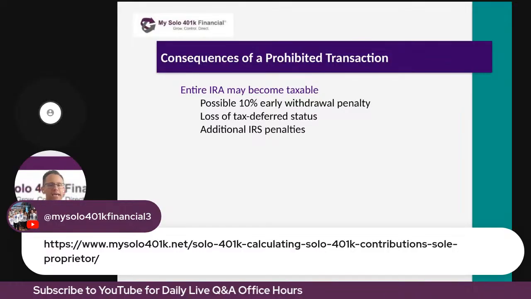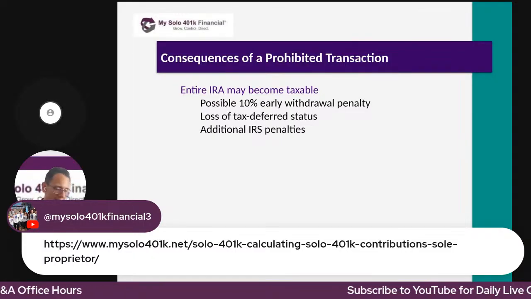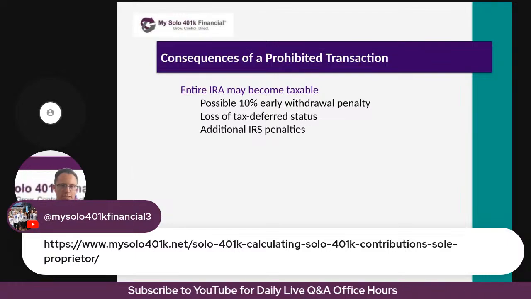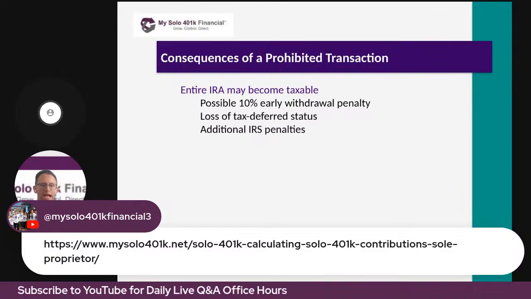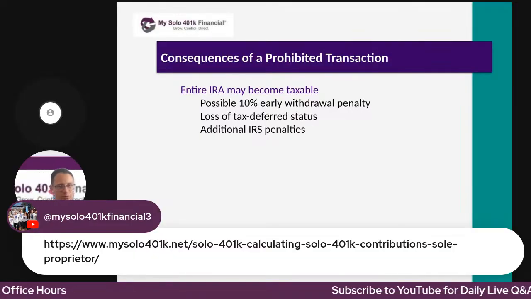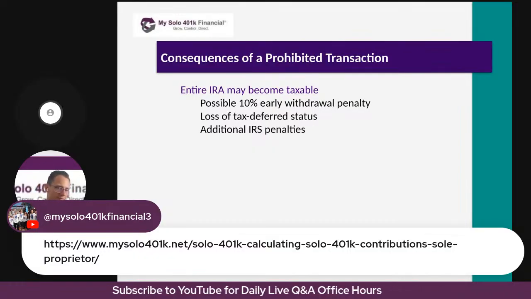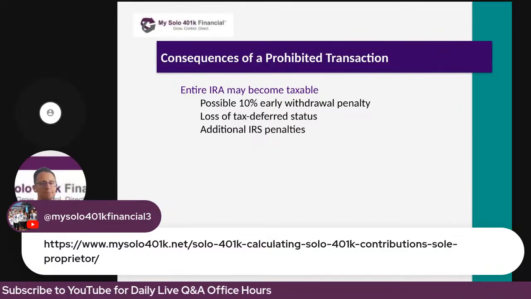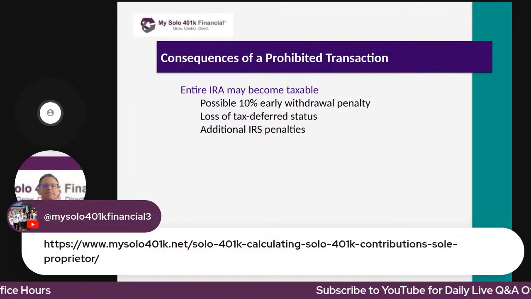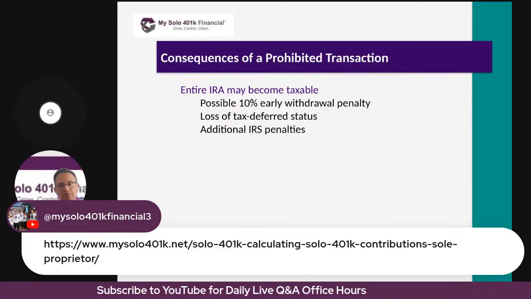So immediate taxation of the full account value, and depending on when that prohibited transaction occurred, you're going to have to go all the way back to that particular year and count it as a prohibited transaction for that year, meaning you're going to have to pay back taxes and penalties, and you're also going to have to amend your personal tax return. And if you're under age 59 and a half, you're also going to have to pay a 10% penalty. So in short, one mistake can eliminate decades of tax-deferred growth, or tax-free growth if we're talking about a self-directed Roth IRA.